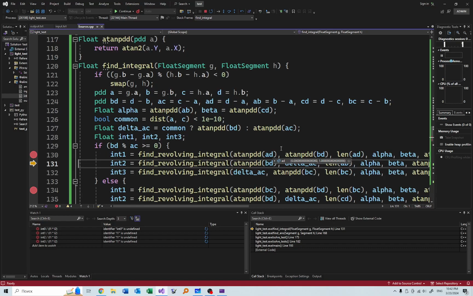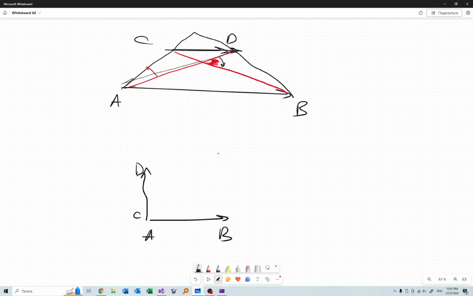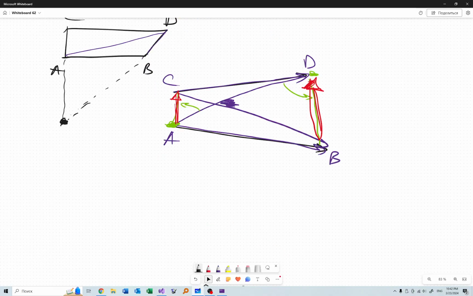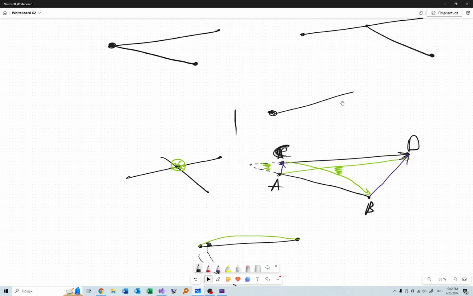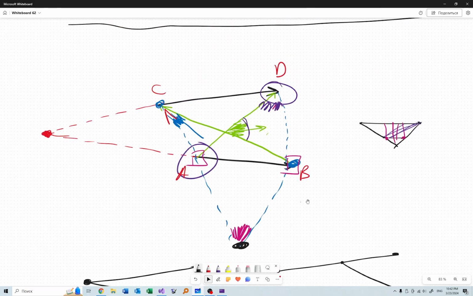I forgot the most important thing when I was taking this integral, and that's why it's incorrect. So instead of v cubed, I actually needed to take v squared. But I also needed to multiply by the distance. Yeah, I also have the distance.